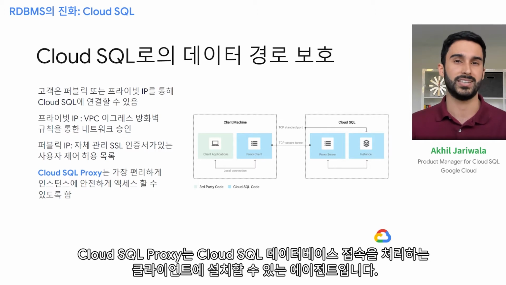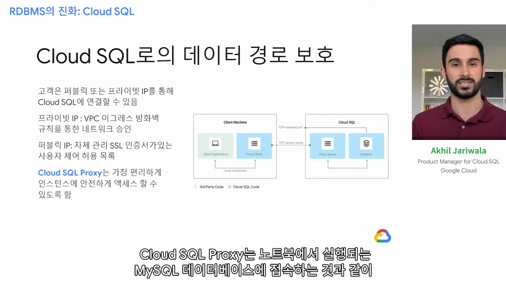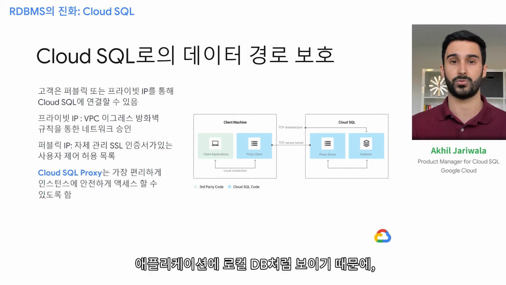The Cloud SQL proxy is an installable agent that you can install on the client that handles connecting to the Cloud SQL database. The Cloud SQL proxy looks local to the application. So just as if you were to connect to a MySQL database running on your laptop, you might connect to localhost.